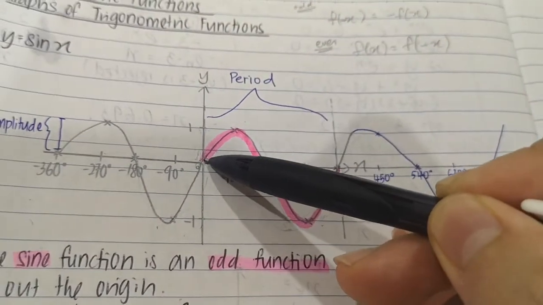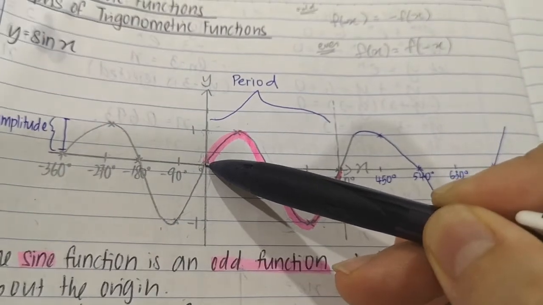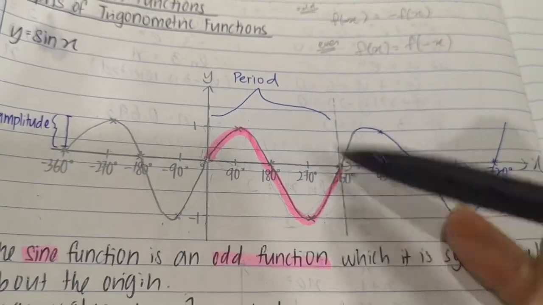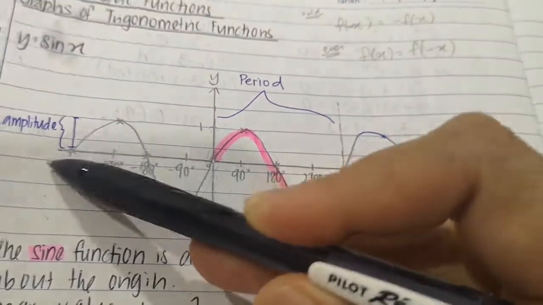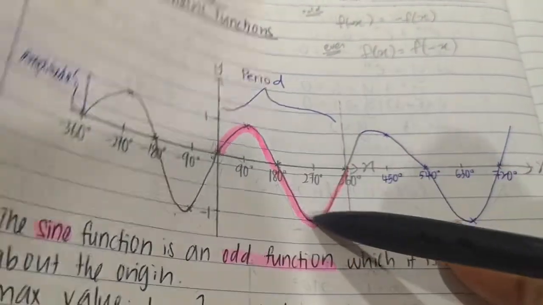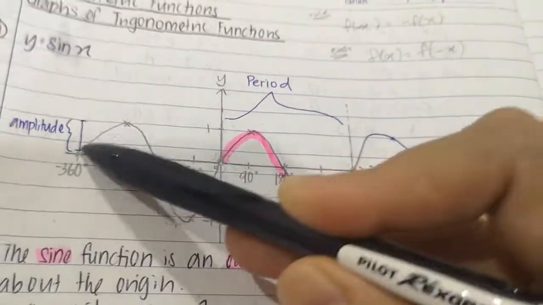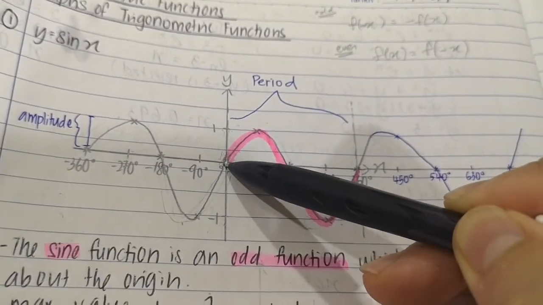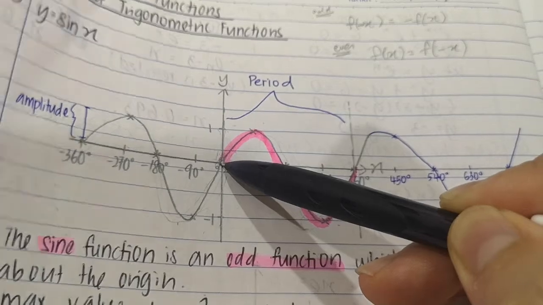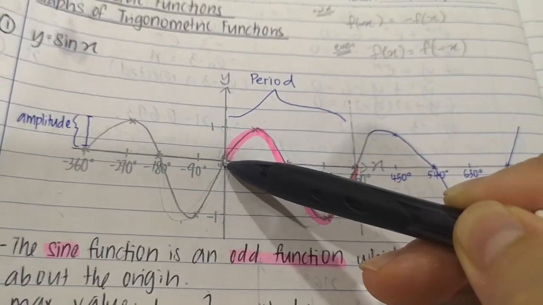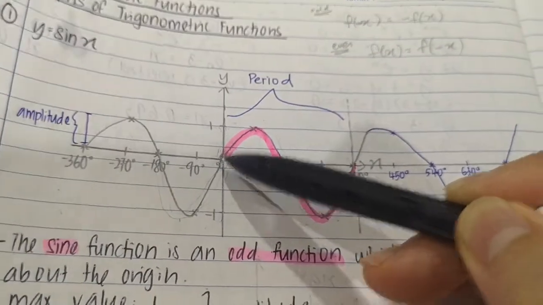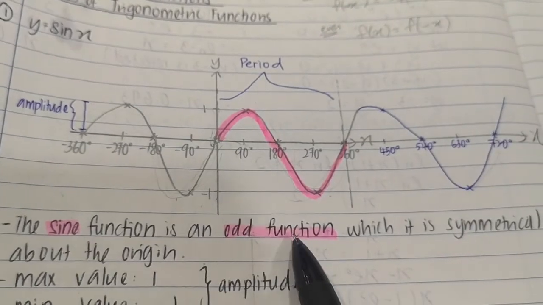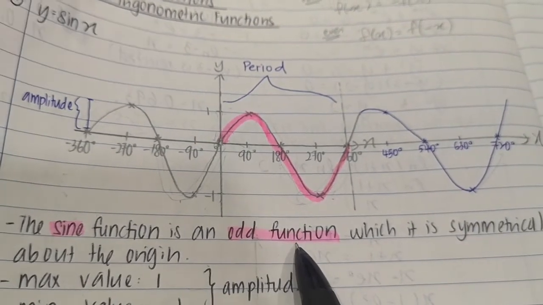Symmetrical about the origin means the origin is like a mirror. It turns here, and then it goes down, up; up, down. So by symmetry about the origin, we call it an odd function.